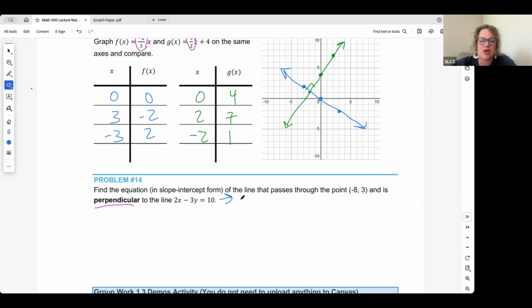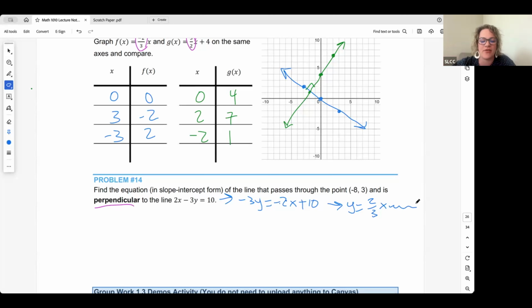I subtract the 2x, so negative 3y equals negative 2x, and then I divide by the negative 3, so y equals 2/3, because the negative divided by a negative is positive. So y equals 2/3 x, and so on. I only care about the slope.